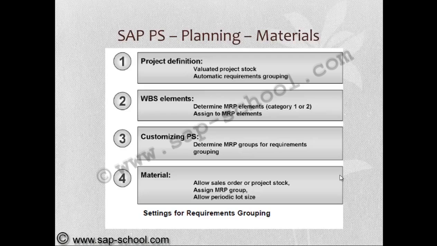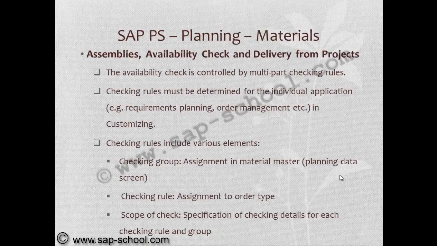In the PS, determine MRP grouping groups for requirements groups. In the material, allow sales order to project stock or project stock, assign MRP group, and allow periodic lot size. So these are the settings required for requirements grouping.